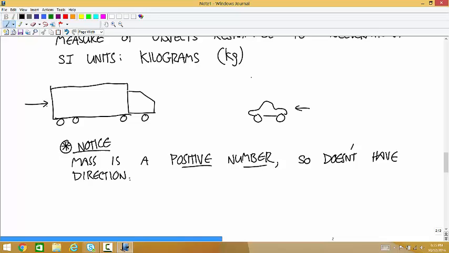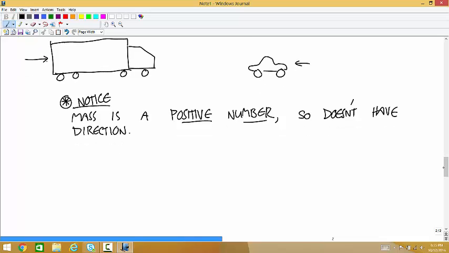It's not like you have a mass to the west or whatever. You just have a mass. And you don't have a negative mass. You just have a mass. So that's about it for mass.